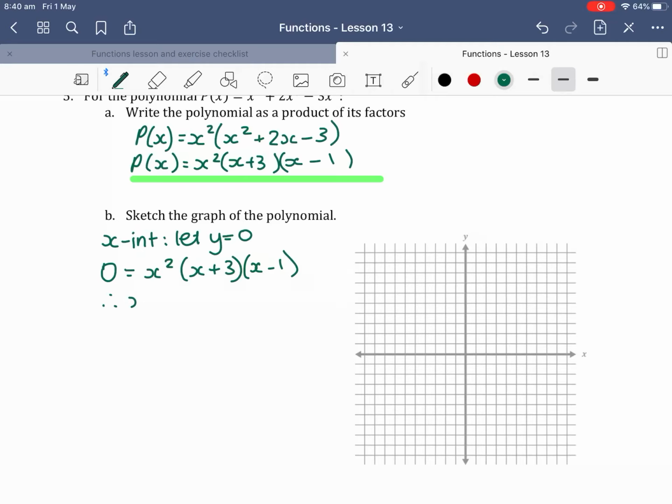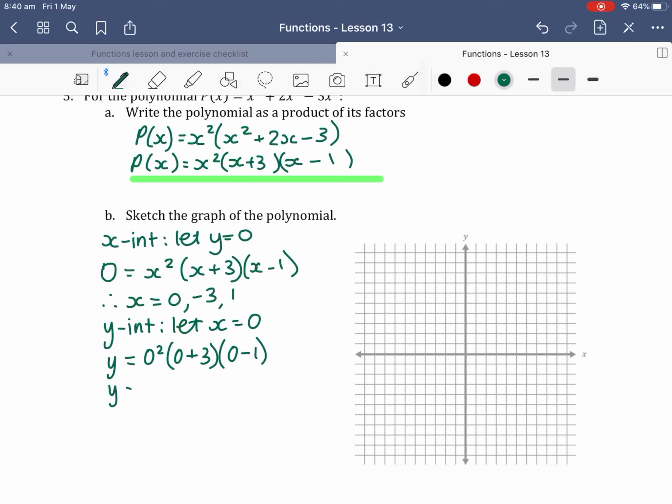So therefore we can write that x equals 0, negative 3 and positive 1. And then we need to find our y-intercepts. So we let x equal 0. So y equals 0 squared (0 plus 3)(0 minus 1), which will just equal 0.